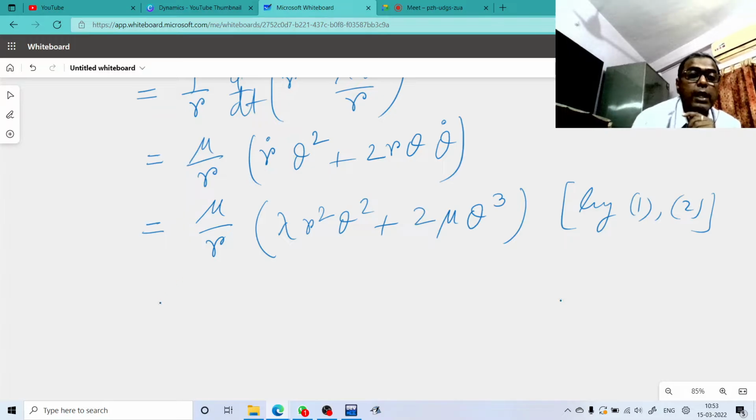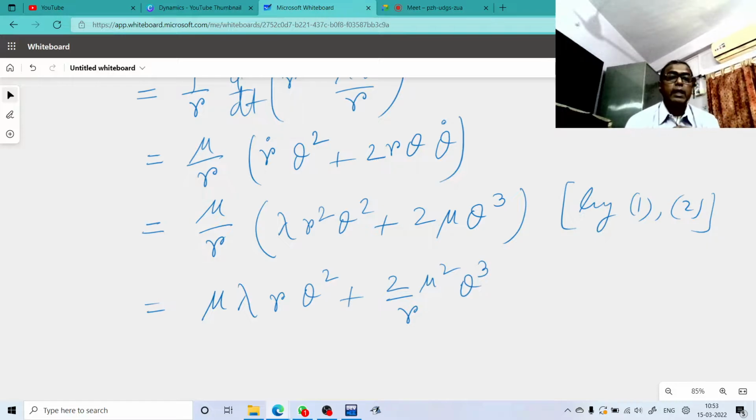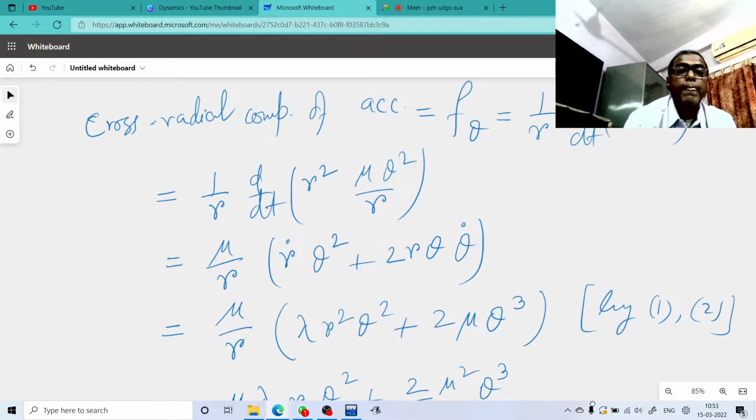R cancels, and after dividing by r, this is mu into lambda into r into theta square plus 2 by r into mu square into theta cube, and this is the cross radial acceleration component.